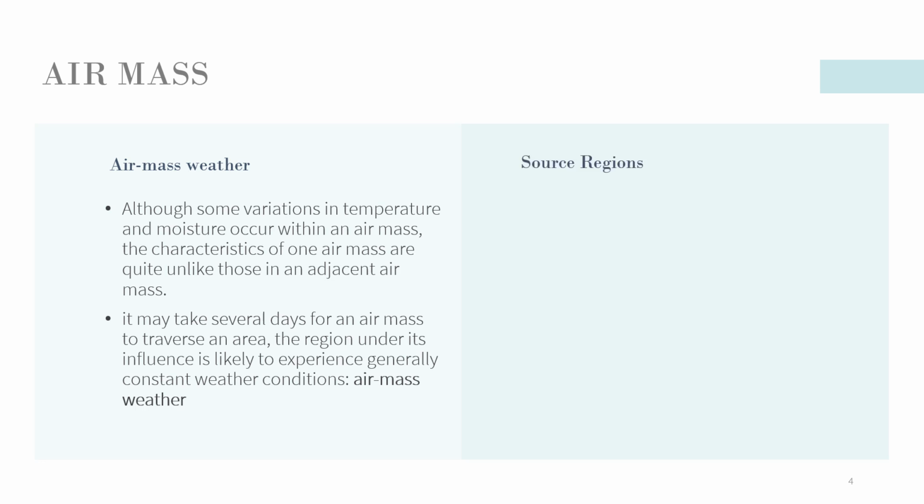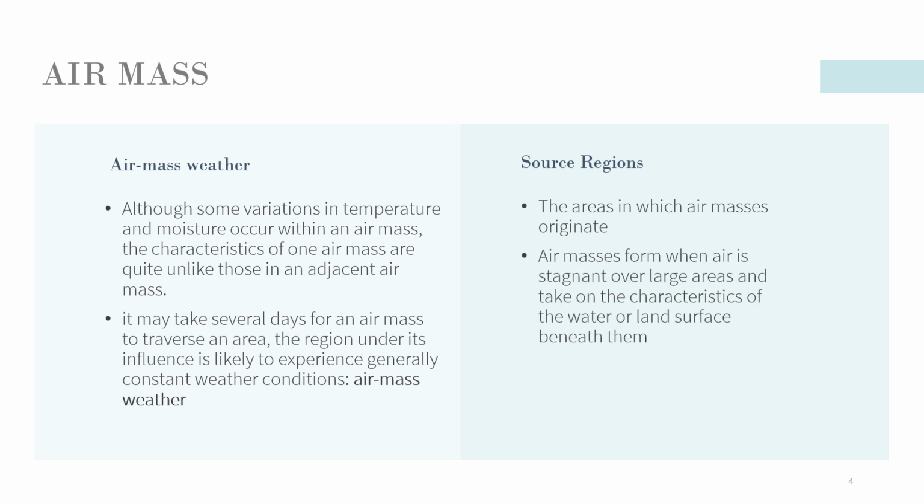So there is what we call source regions also when you talk about the air mass. And what is the source region? Obviously, it is the areas in which air masses originate. So that's why it is called source region. And air masses form when air is stagnant over large areas and takes on characteristics of the water or land surface beneath them.